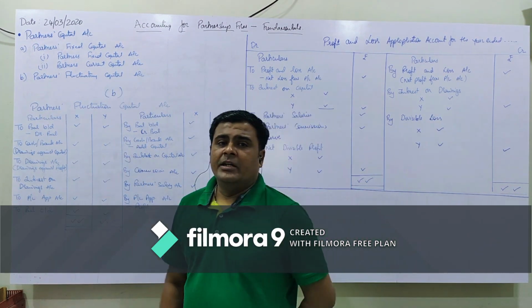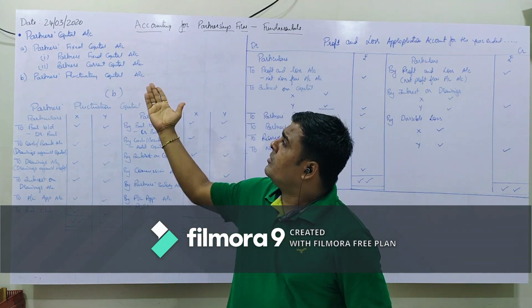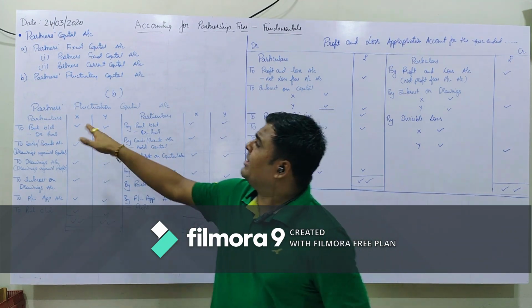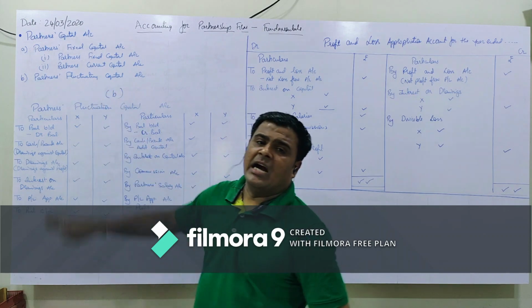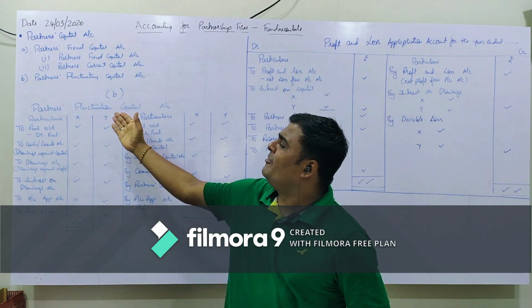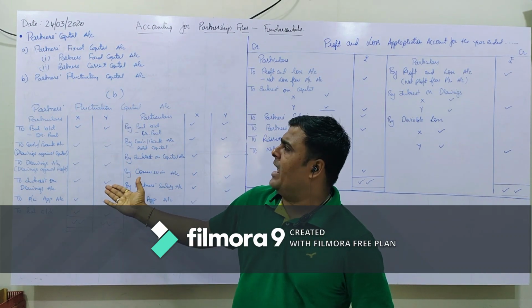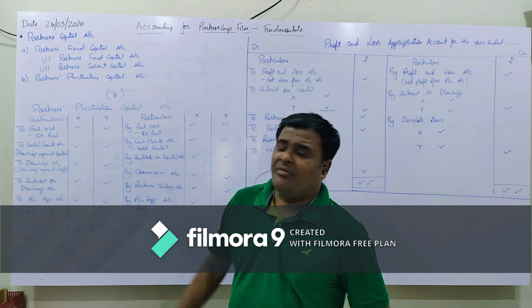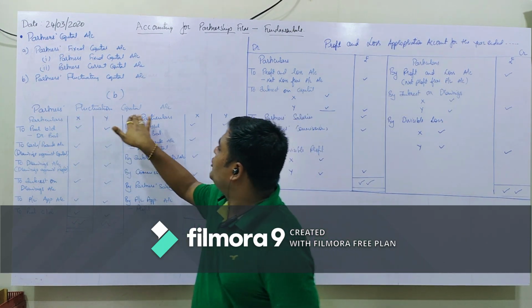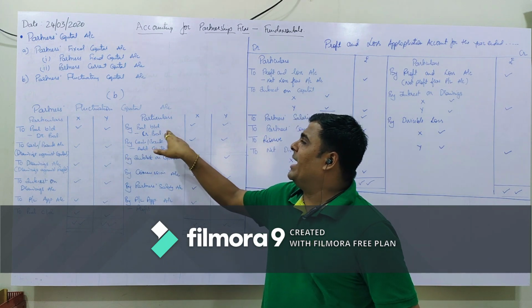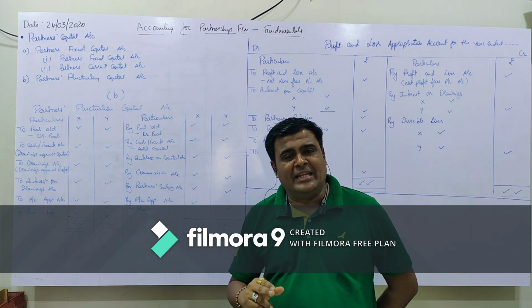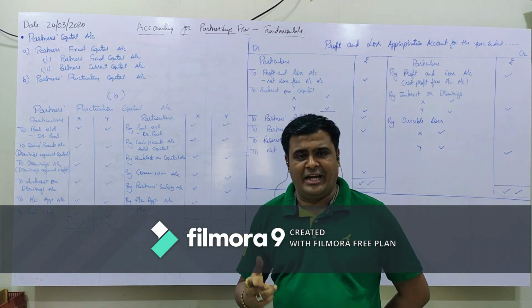Now let us learn the second method of the partner's capital account. The other method is the partner's fluctuating capital account. Under that there will be only one ledger to be prepared and everything comes under that. In that, "By balance brought down", that is the credit balance, which is given in the question as a credit balance.